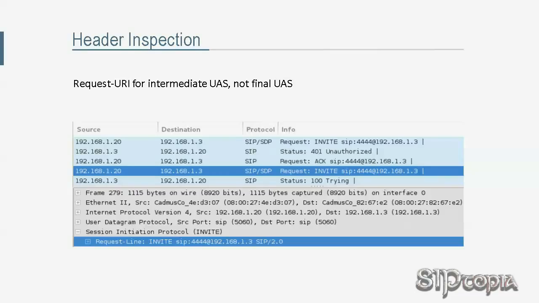Therefore, if the URI scheme in the request URI is not known to the intermediate UAS, it could send back a 416 Unsupported URI Scheme response. Similarly, if the intermediate UAS does not have anywhere to send the request to, based on the request URI value, Tarzan's SIP phone could receive a 404 Not Found response.